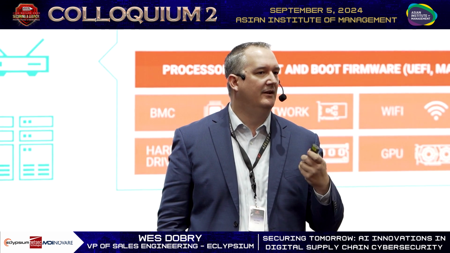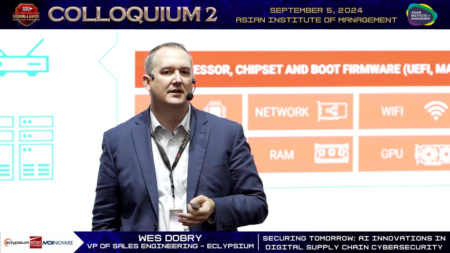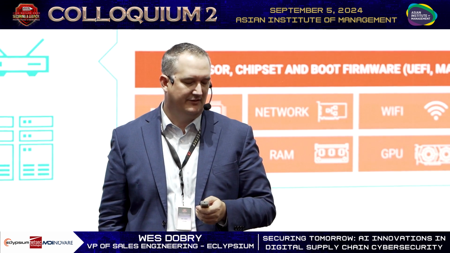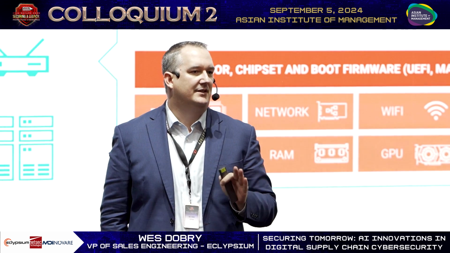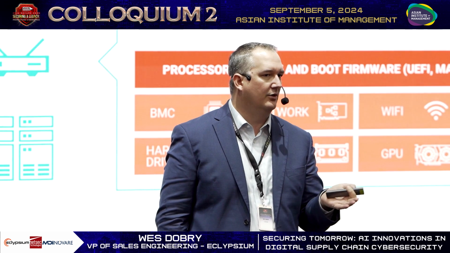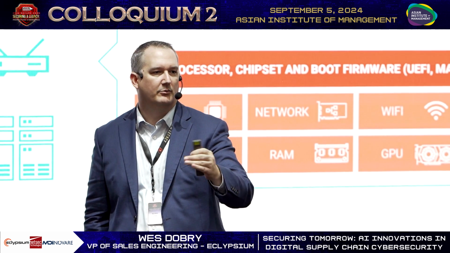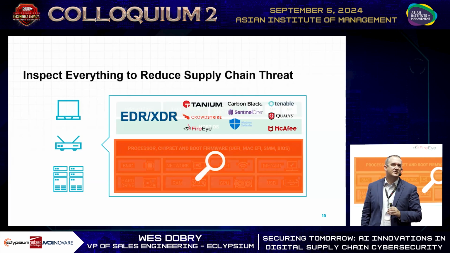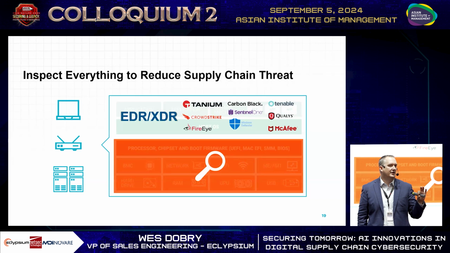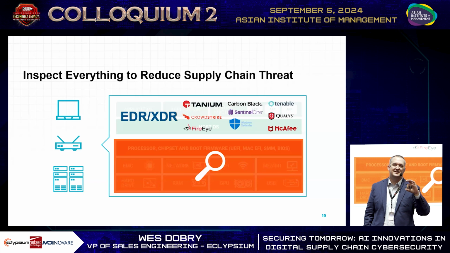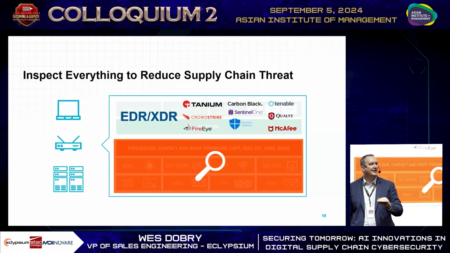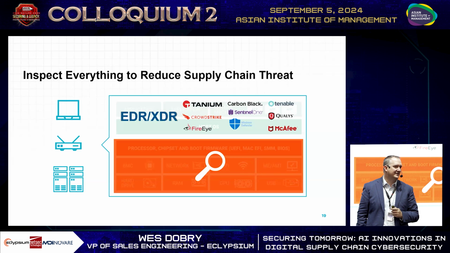You know, we have mature technologies to protect the traditional initial vectors of attack, but we don't have technologies that really protect us at the hardware layer. Again, hardware, firmware. So that's why I encourage every organization to inspect every component at every layer to get a full perspective of risk of a device in their organization and make sure they're not missing something within that device itself.